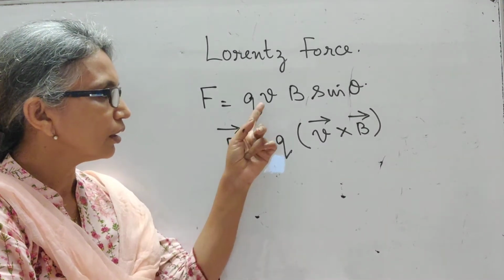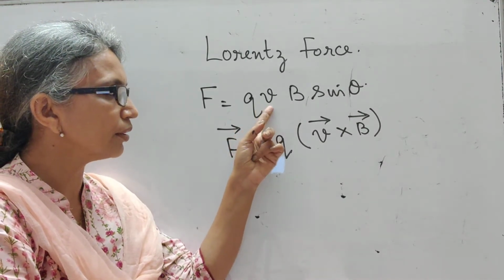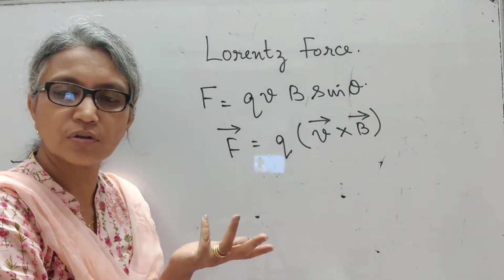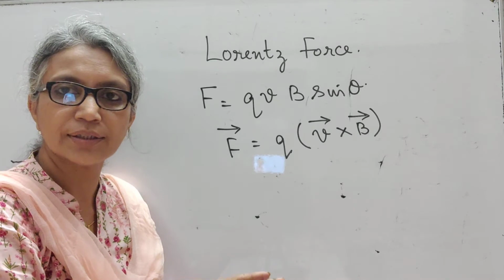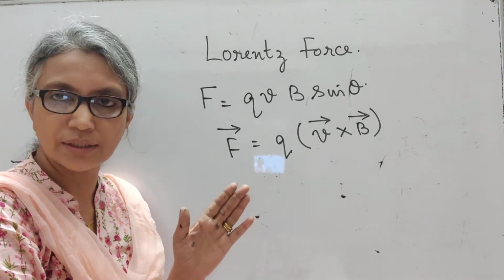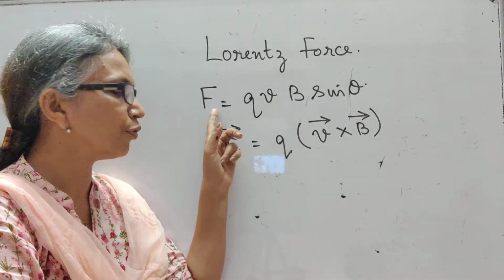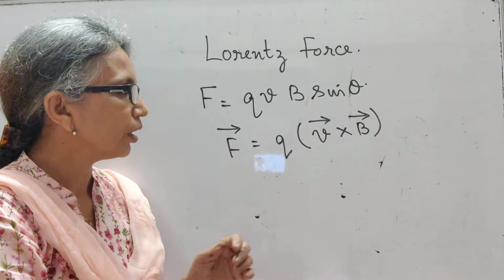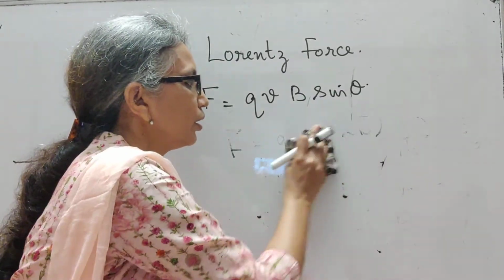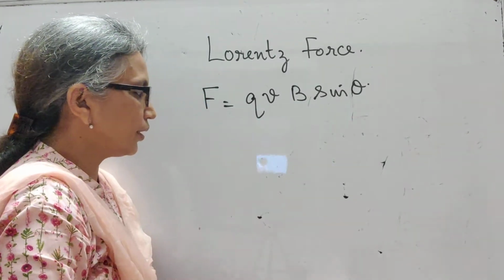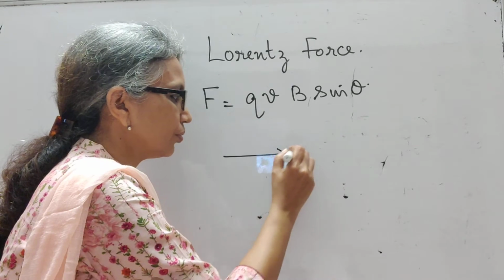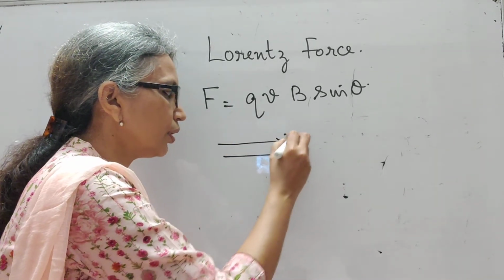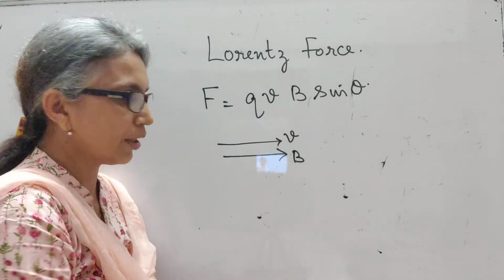Now you will see, if your charged particle in the magnetic field is at rest, it's not moving. If V is 0, then force is also 0. It will continue to be at rest as if the magnetic field does not exist, because the moment V is 0, the magnetic field does not exert any force on the particle. Also, you will see that if your magnetic field is in this direction, okay, the particle is entering the field with a velocity parallel to B. Then what happens?